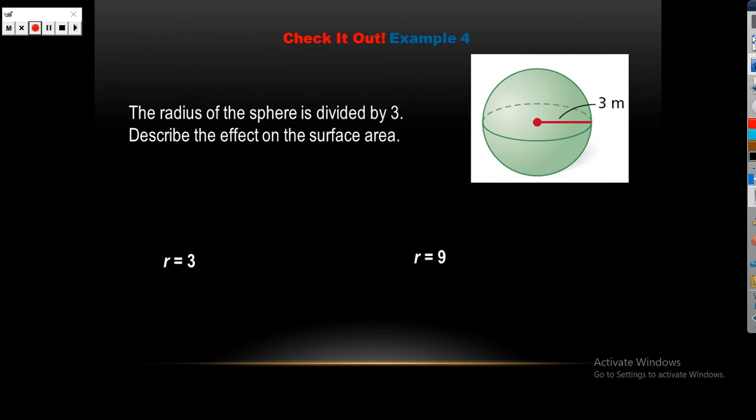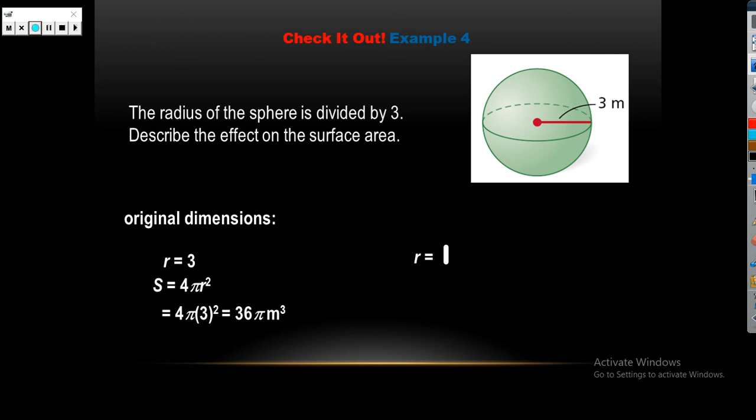The next part: the radius of a sphere is divided by 3. So we need to describe the effect on the surface area. Again, I'm going to find the original dimensions and then the dimensions after the effect. So the original radius in this part is 3.